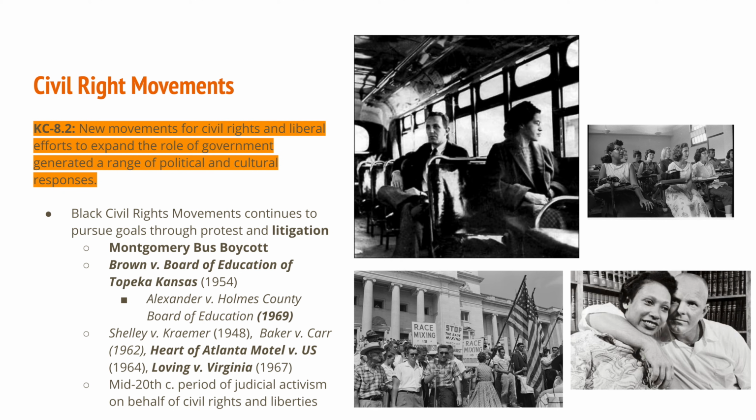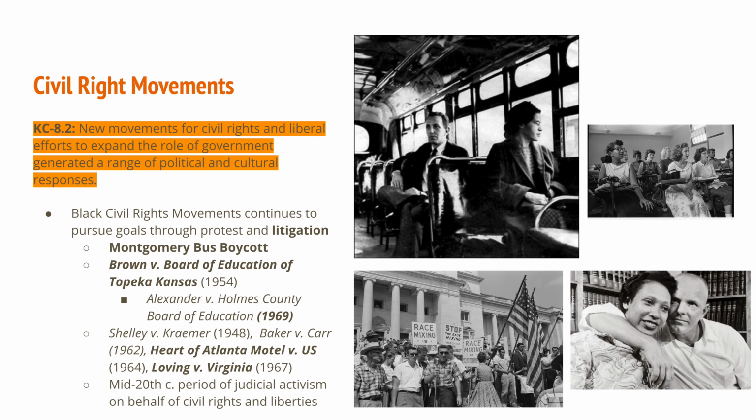Now, it's going to take a long time before schools actually begin to desegregate. A follow-up case to the Brown case called Brown 2 said that desegregation in school should happen at all deliberate speed. Now, that's not very specific, and school districts dragged their feet for 15 years.